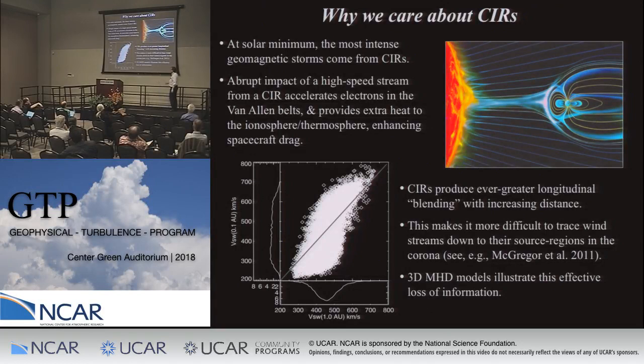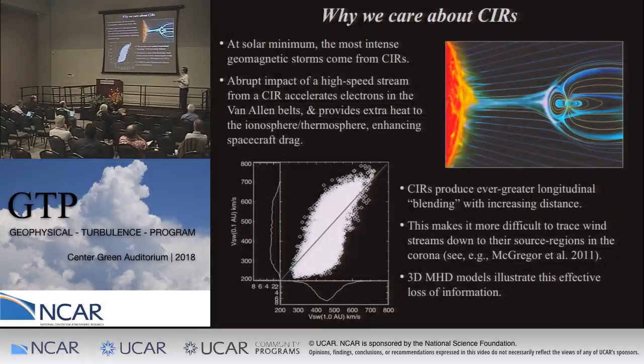This is an example from a series of 3D magnetohydrodynamic models that Sarah McGregor did a few years ago, where if you try to trace the field line from 0.1 astronomical units out to 1 astronomical unit, if there were no corotating streams, this would just be a 1-to-1 relation in the wind speed at the two different heights.